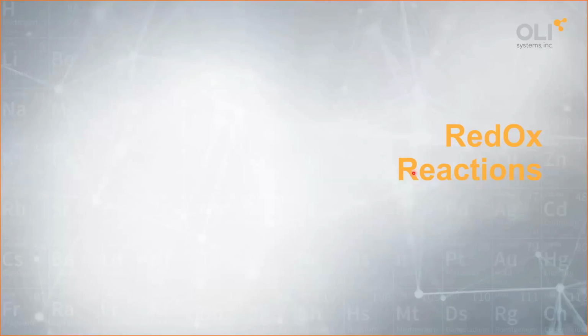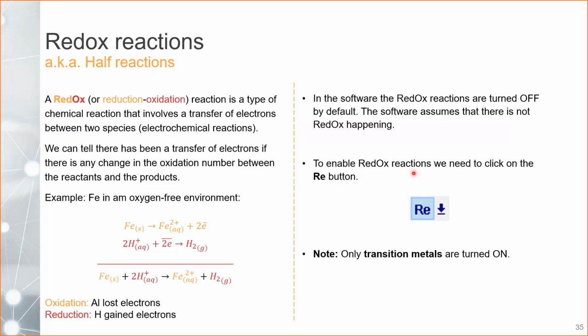So for the iron to go to a specific oxidation state, we needed to tell the software that iron is going to oxidize into iron +2. So we need to account for those redox reactions, for that oxidation reaction, and to do that is simply turning on the redox button.